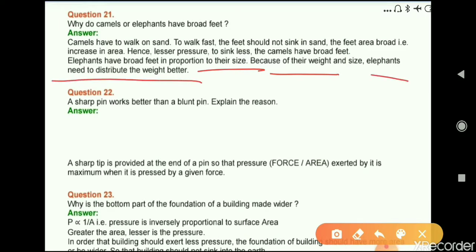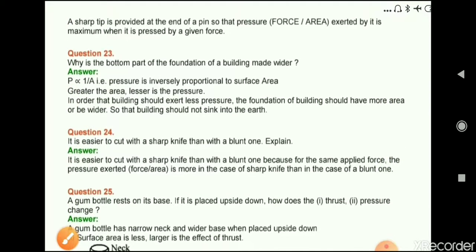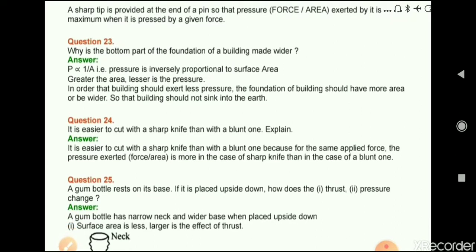Okay. Next question. A sharp pin works better than a blunt pin. Explain the reason. A sharp tip is provided at the end of a pin so that the pressure exerted by it is maximum when it is pressed by a given force. Question number 23. Why is the bottom part of the foundation of a building made wider?